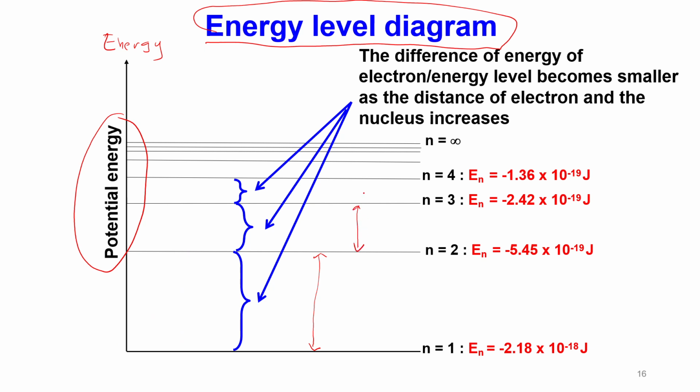So bila dia semakin tinggi energy level tu, dia punya space semakin dekat. Okay, yang ini menunjukkan space ni menunjukkan difference in energy. Maksudnya perbezaan antara energi 1 dengan energi 2 sebesar ni. So perbezaan antara energi 2 dengan energi 3, this large. Okay, so dan seterusnya.